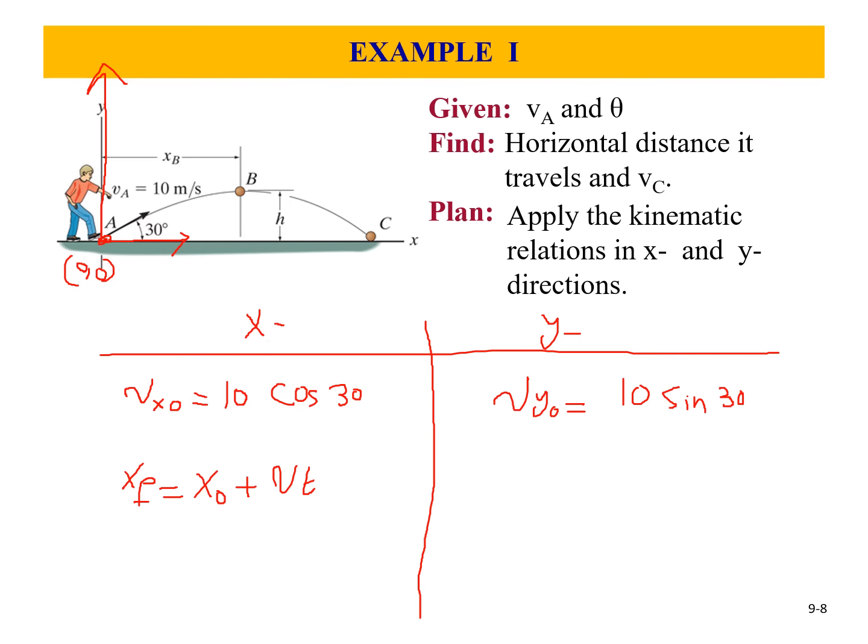What's the subscript you have on the x, like the x of final distance equals initial distance 0? Okay. Plus vx0 time. Okay.